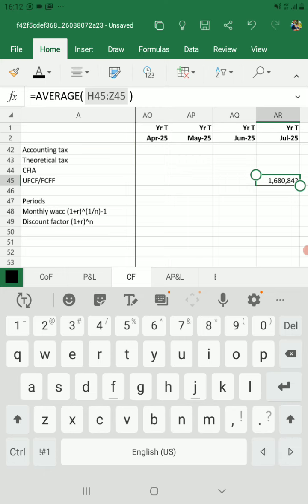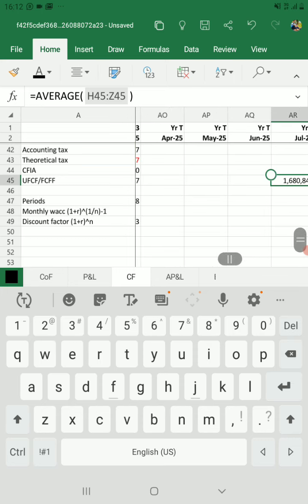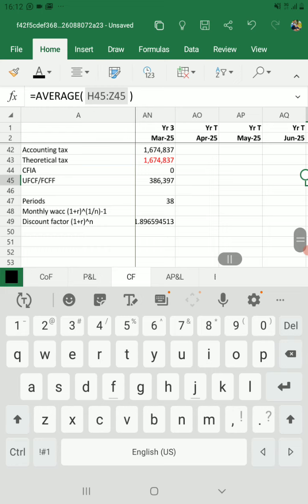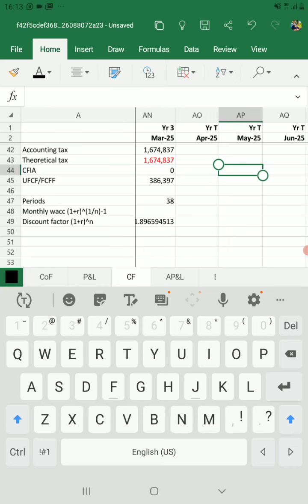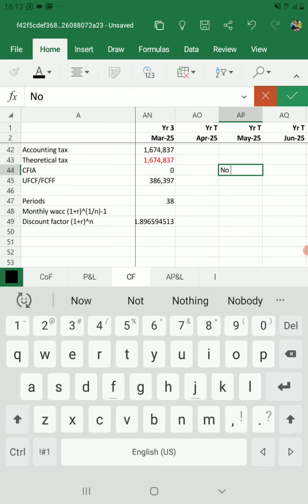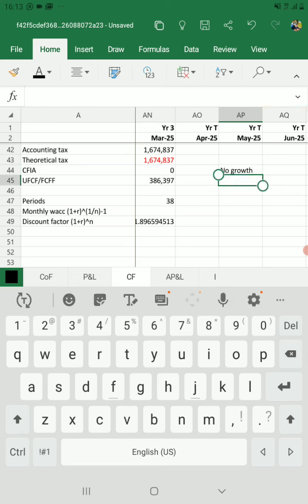So the first assumption for terminal value was no growth. We assume there is no growth of our free cash flow, as we did. So no growth, and this is actually the one we use for computation of our terminal value.